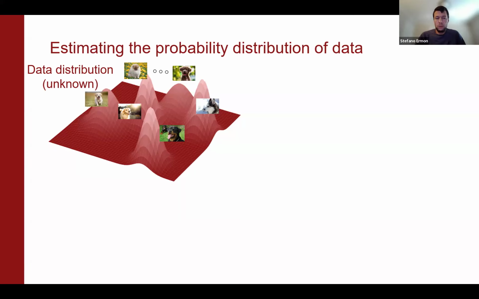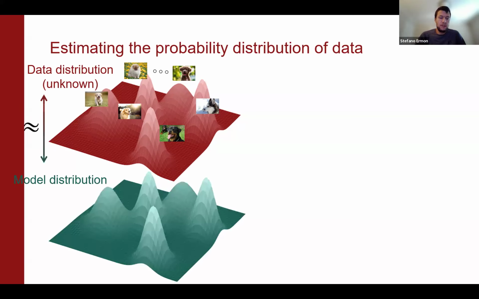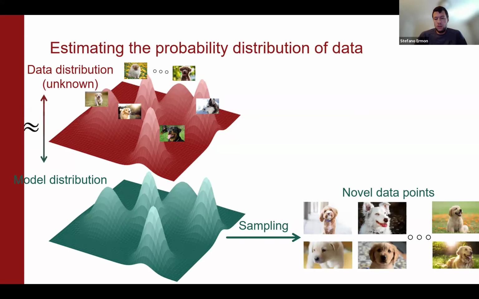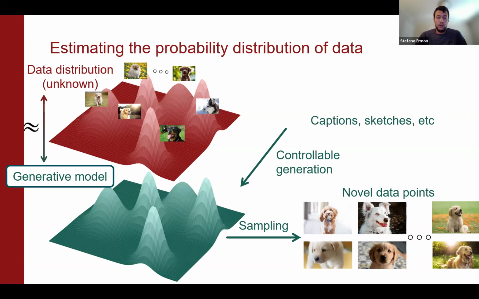And what we do when we want to build a good generative model is we try to come up with a good approximation of this data distribution. And this is what we call the generative model, a deep generative model. And once we have access to it, we can basically use it to sample, to generate new content. And especially what we really care about is controllable generation.